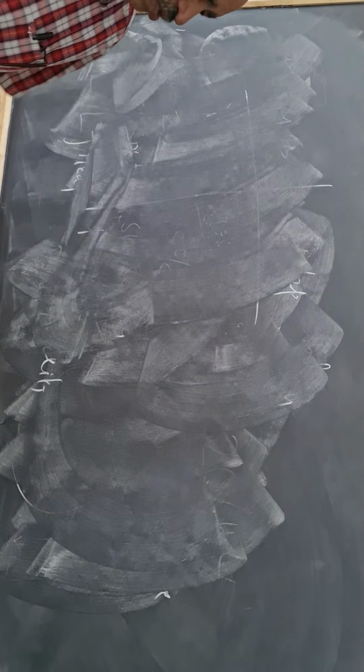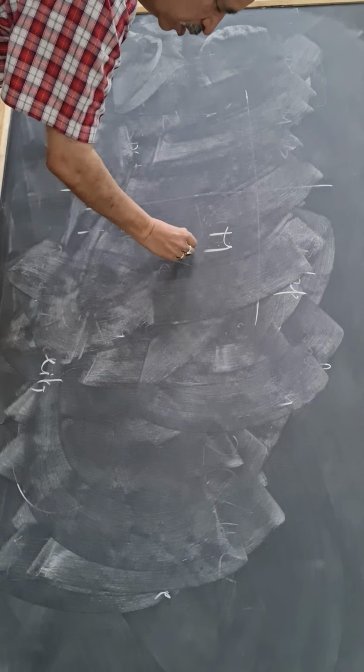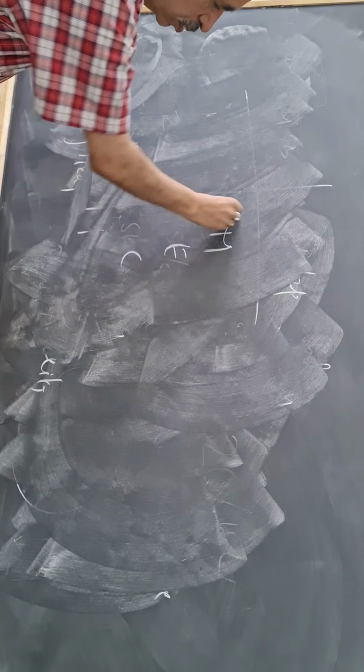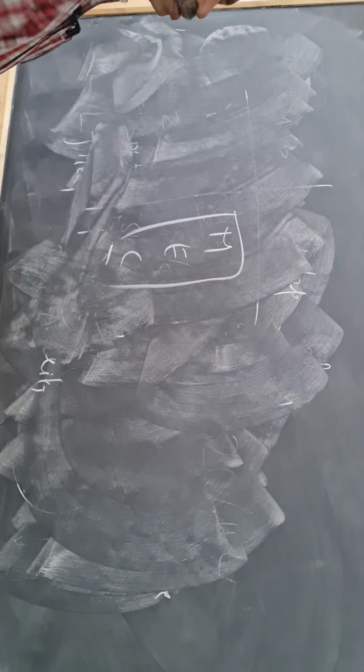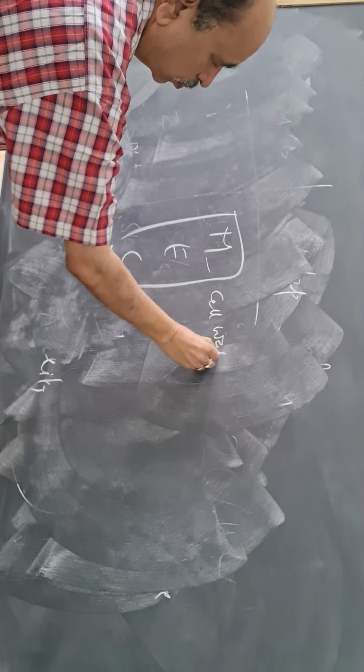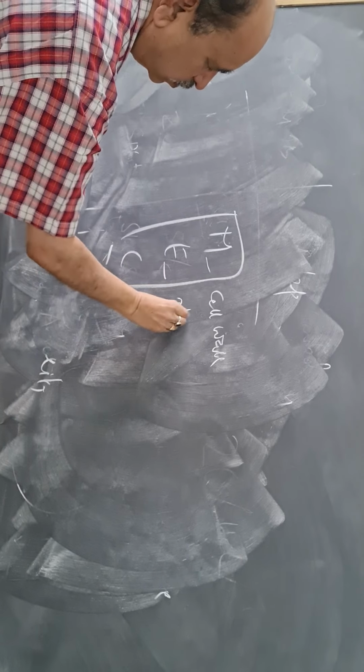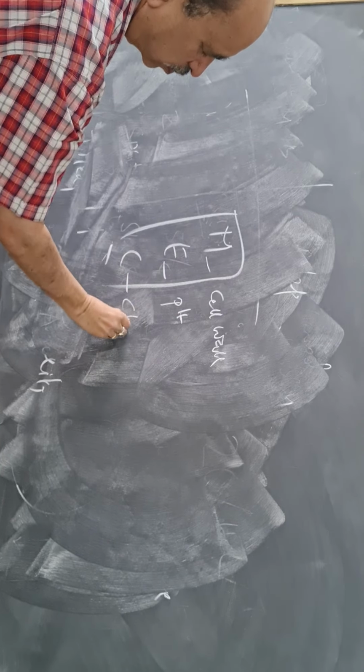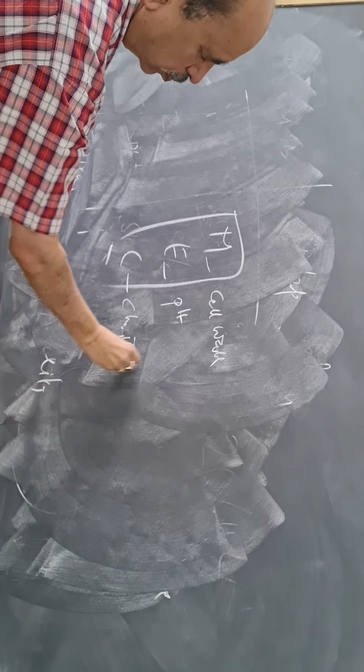So this is the cell wall theory, this is the pH theory, this is the chemical theory. The cell wall is thicker in gram positive, and gram negative is complex, made up of more lipid.